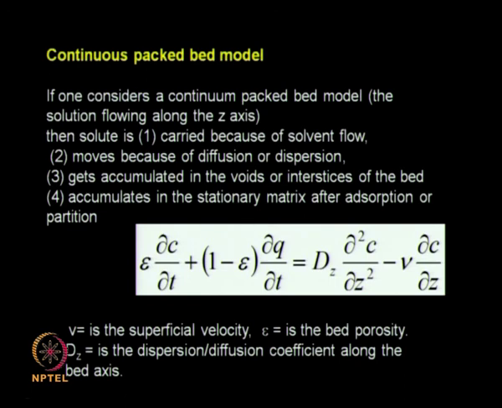There are voids, so there is solution entrapped in the voids, so some solute is there. Solute is also accumulating in the stationary matrix, that is the stationary phase, because of adsorption or partition or interaction between the stationary and the mobile phase. So many things are happening. So this is a continuous packed bed model.